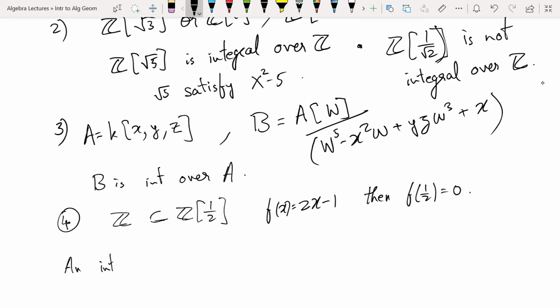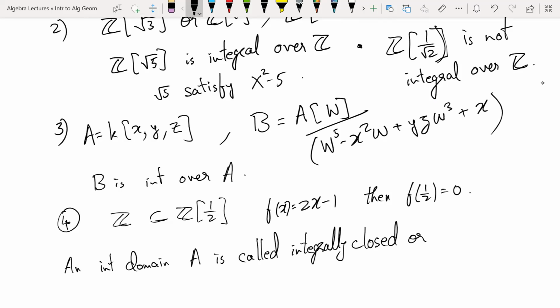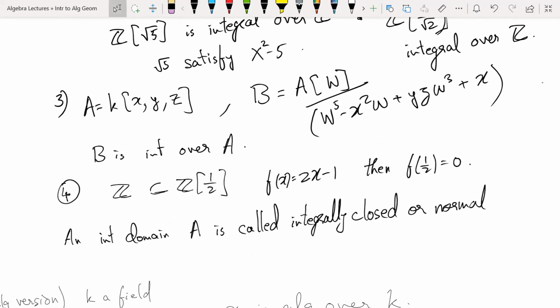An integral domain A is called integrally closed, or normal. Many people use normal, and some people use integrally closed. I thought everyone used normal until I joined grad school.